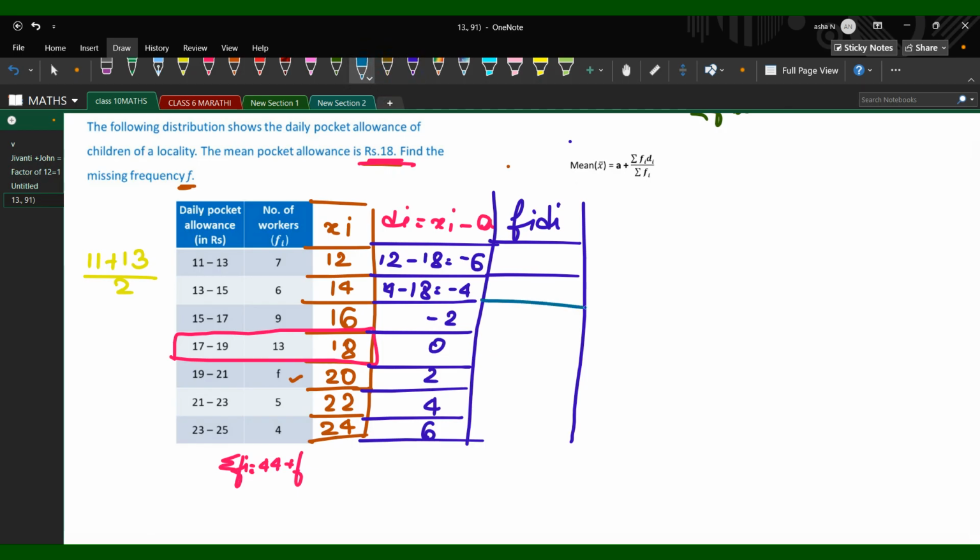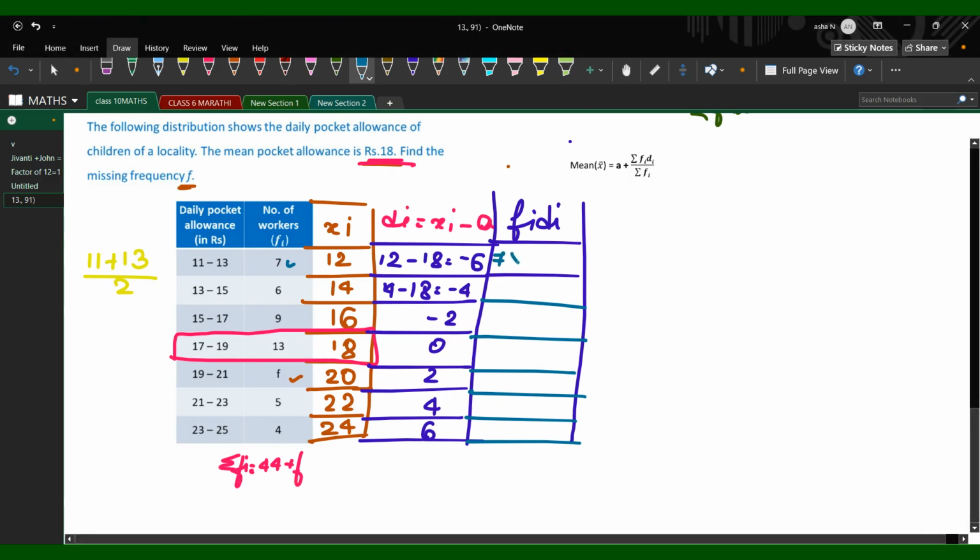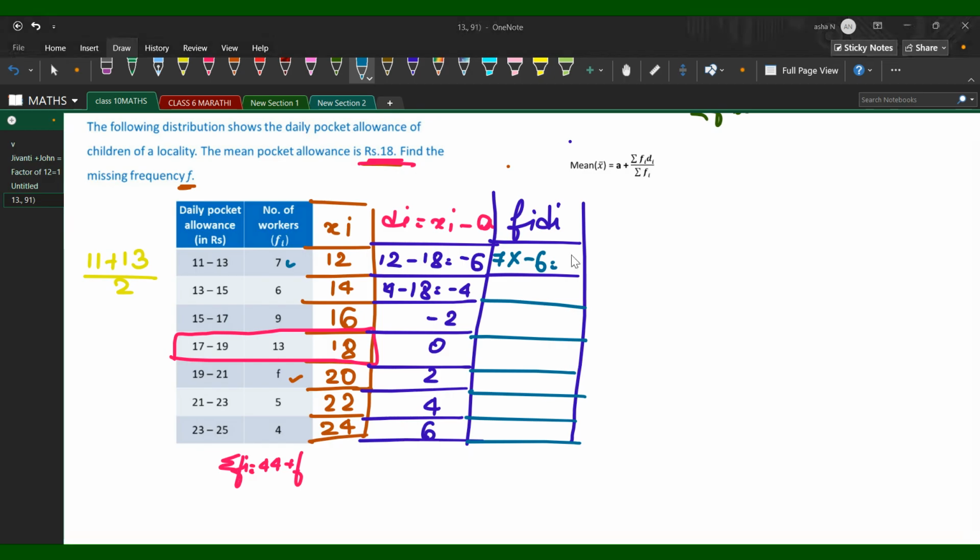So let's find out fi di. fi is 7, and di is minus 6, so 7 times 6 is 42. It will be minus 42.